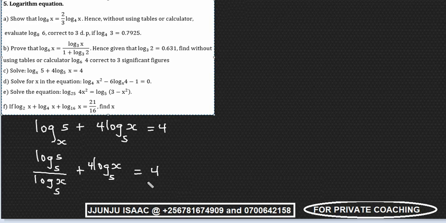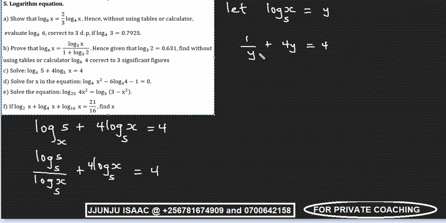So now you can see log base 5 of x is common. We can replace it with any other letter, so we can let log base 5 of x be a certain letter. Let that letter be y, and this is 1, so we have 1 over y plus 4y equal to 4.